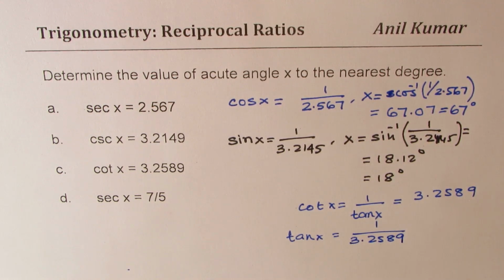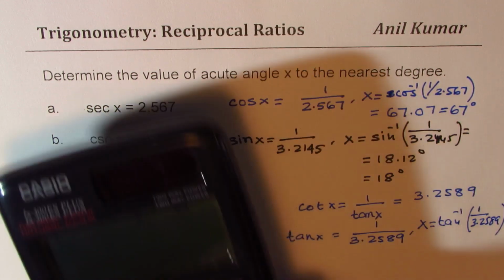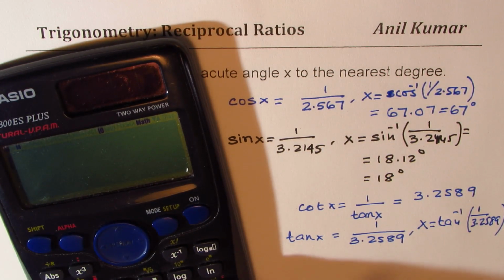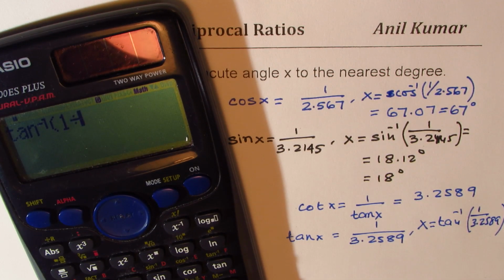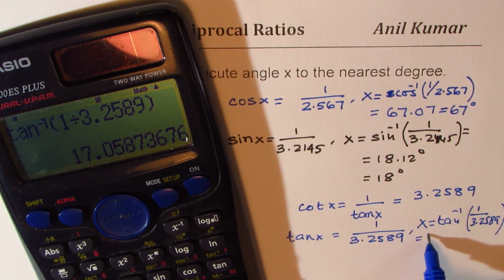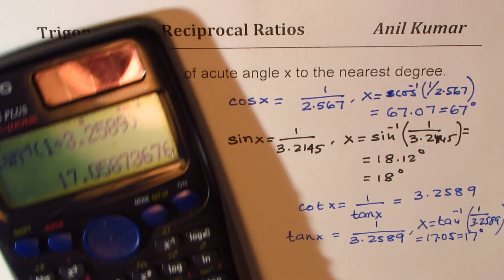And now you can say what x is. So x equals tan inverse of 1 over 3.2589. Shift tan inverse 1 divided by 3.2589 equals 17.05, or rounded to 17 degrees, correct?